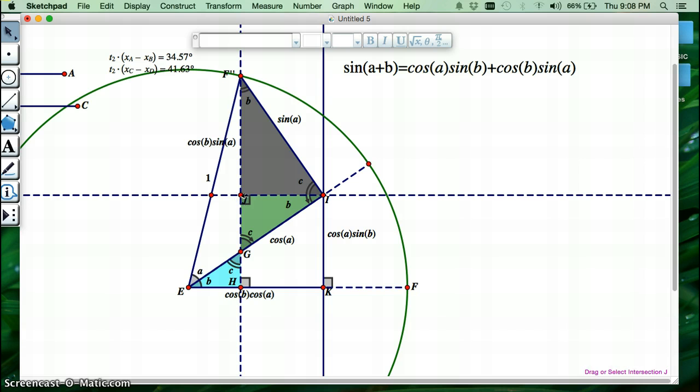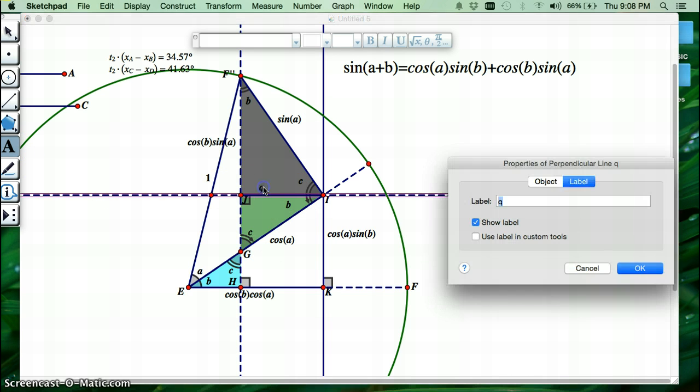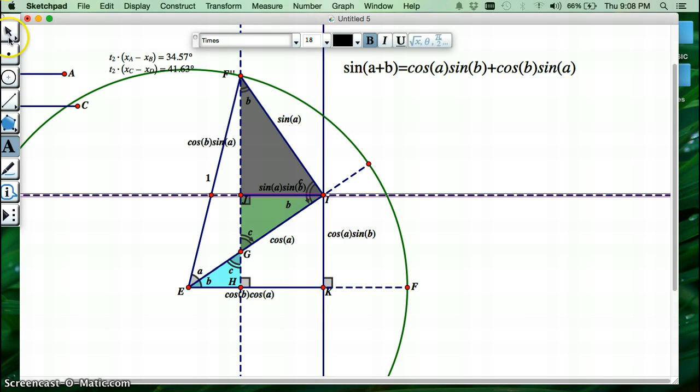So we can label J to I as sine of alpha times the sine of beta. And now, by the construction of our parallel lines, we also know that the segment H to K is sine alpha times the sine of beta.